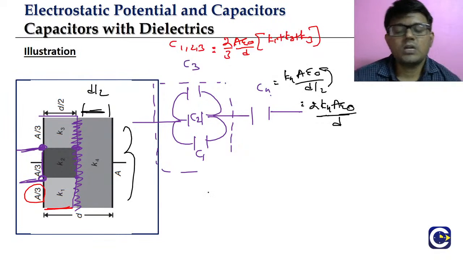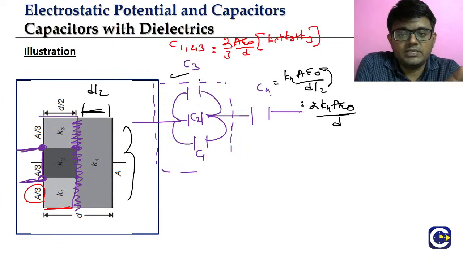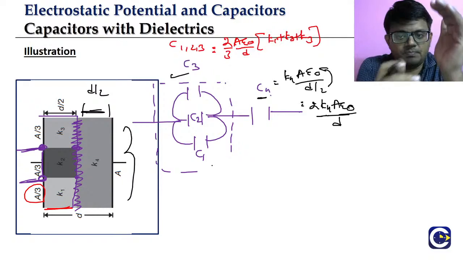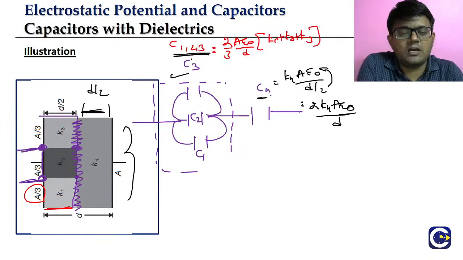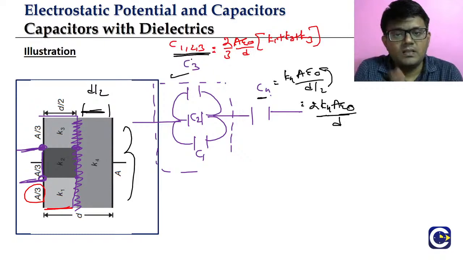But overall, look, the parallel setup of C1, C2, C3 is in series with C4, right? For the parallel setup, we already have its equivalent value. That is in series with C4. If two capacitors are in series, what is the equivalent formula?